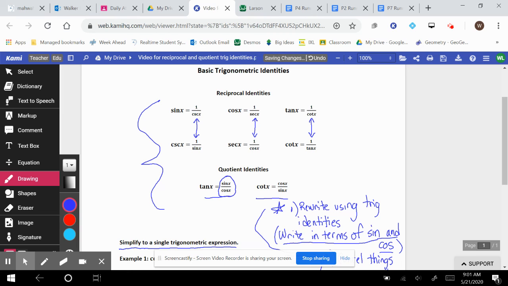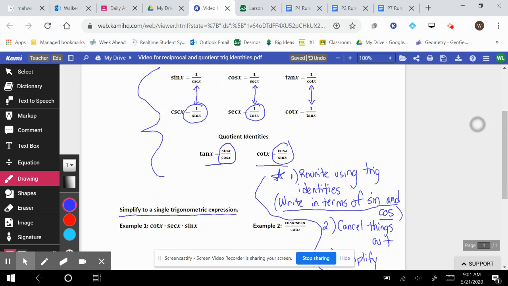So basically rewriting it, now I don't have tan, I only have sine and cos. And then cotangent, you can rewrite as cos over sine. Cosecant, you can change to 1 over sine, and then secant to 1 over cosine. So basically, once you simplify all of them, you should only see sines and cosines.